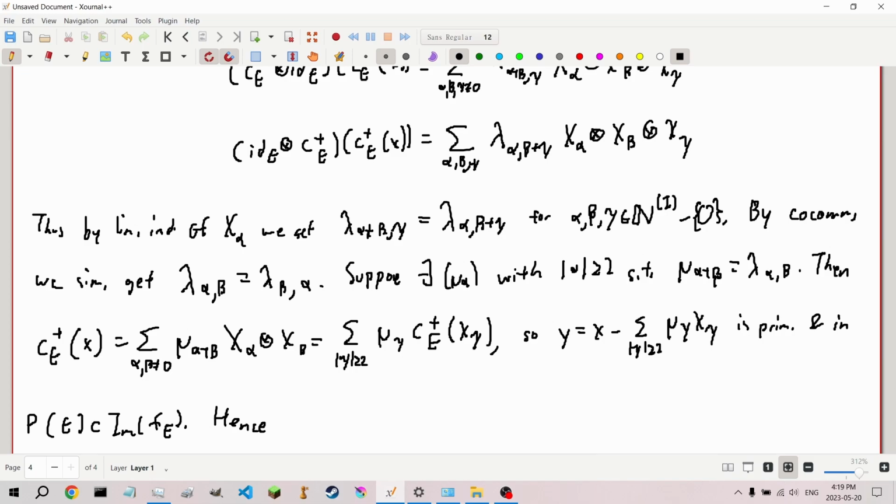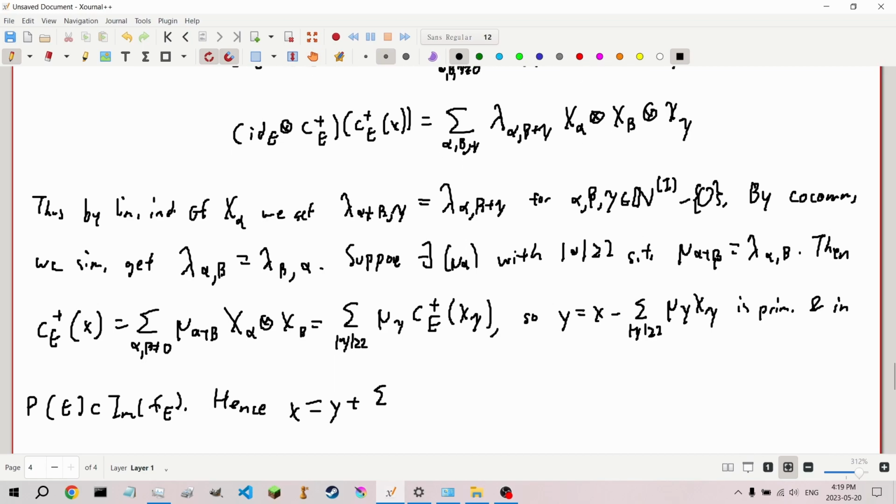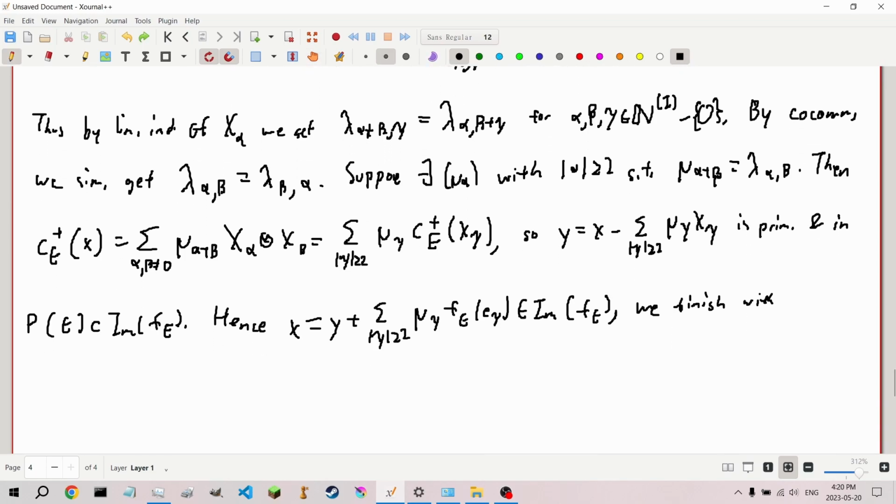Hence we have that x is equal to y plus the sum for gamma at least 2 of mu gamma F_E of e_gamma, in the image of F_E. So we finish with a lemma.